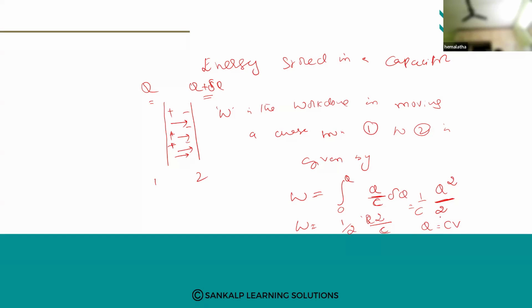Q is equal to C into V. So wherever Q is there, you have to substitute C into V whole square. Here W is equal to half of C V whole square divided by C, so that it cancels C. So energy stored in the capacitor, the work done, is nothing but energy. Energy stored in the capacitor is given by half into C V square.